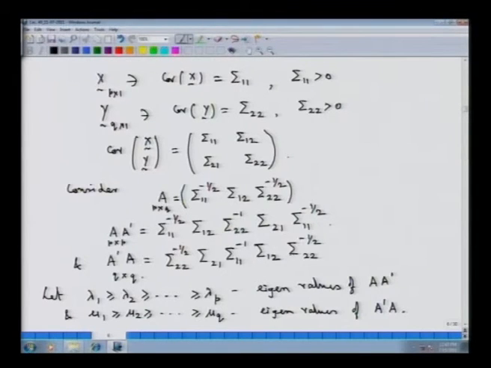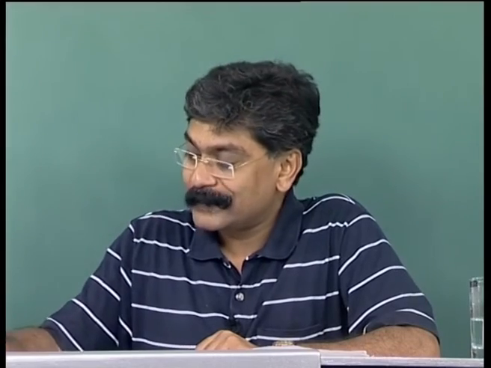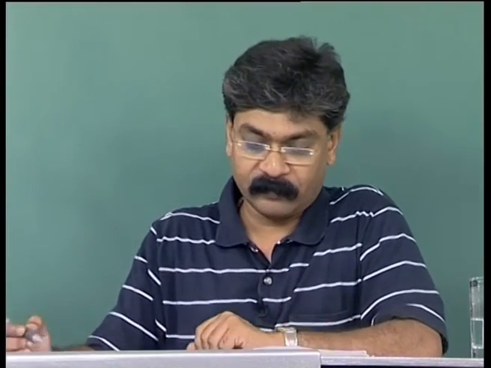So, rho 1 star, rho 2 star, rho p star are the p largest eigenvalues of this particular matrix, and with eigenvectors F1, F2 and Fp, these are also orthonormalized eigenvectors corresponding to rho 1 star square, rho 2 star square, rho p star square, corresponding to this A prime A matrix.